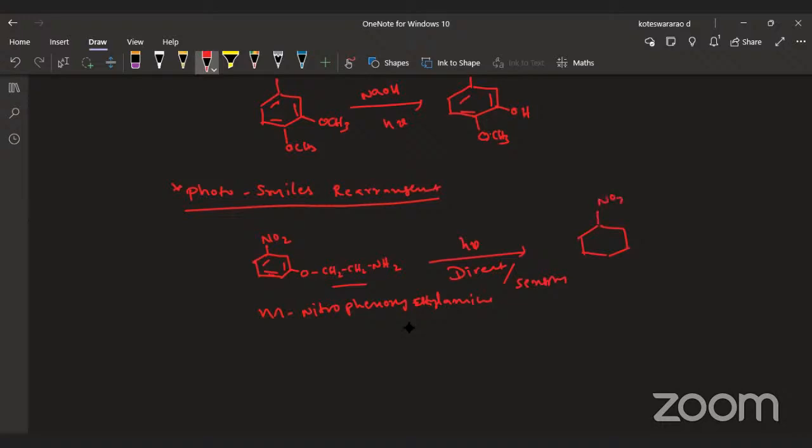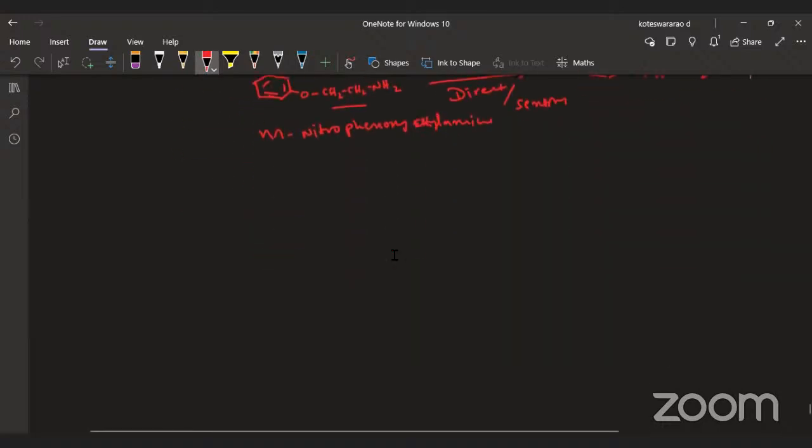That is NO2, NH, CH2, CH2, OH. That amino derivative is transformed to an alcohol. Okay, how does this rearrangement take place?